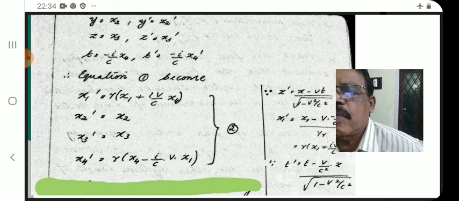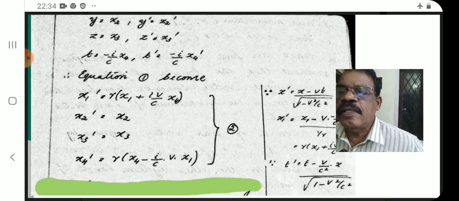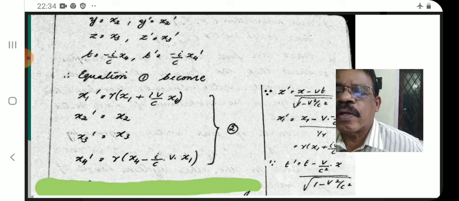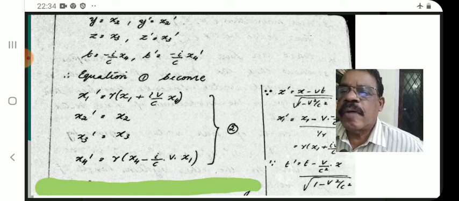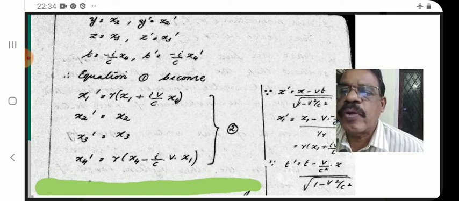And t, you carefully note, is equal to minus i by c x4, and t dash is equal to minus i by c x4 dash.